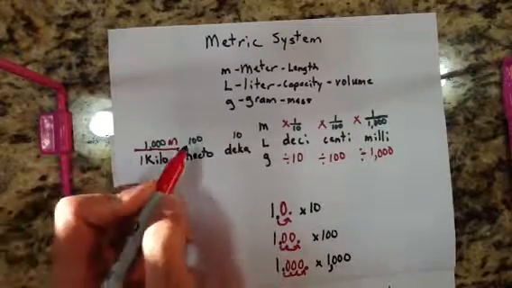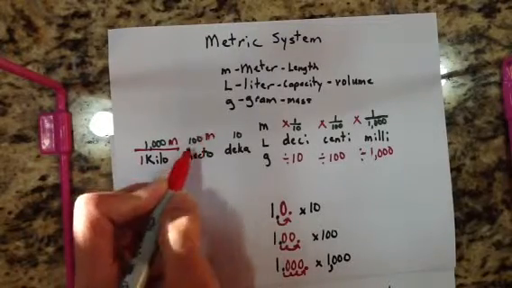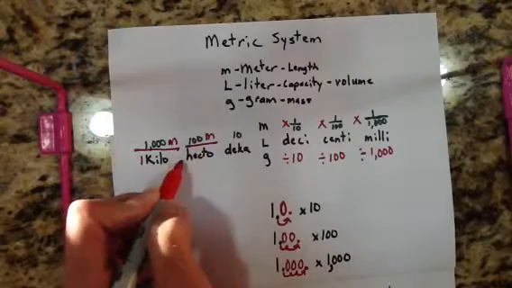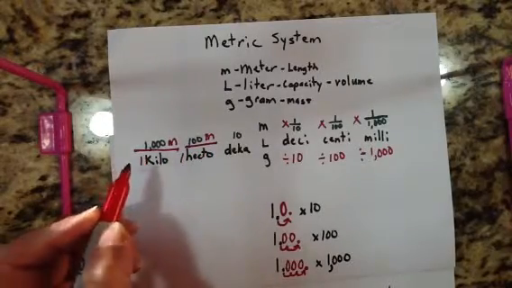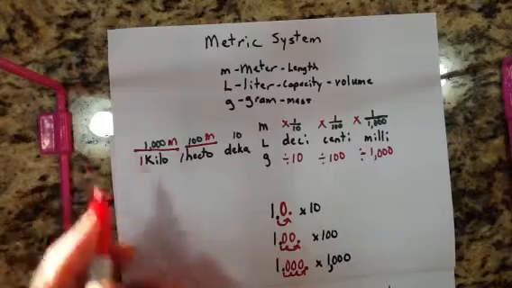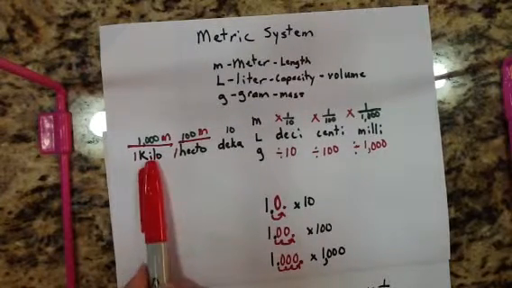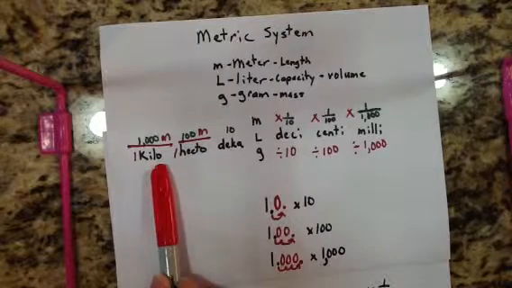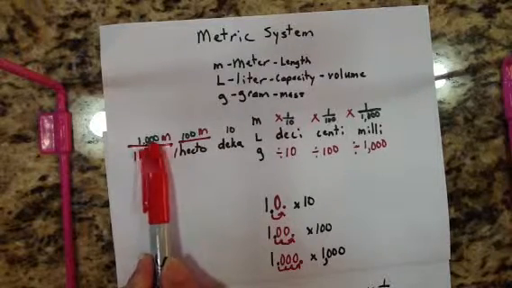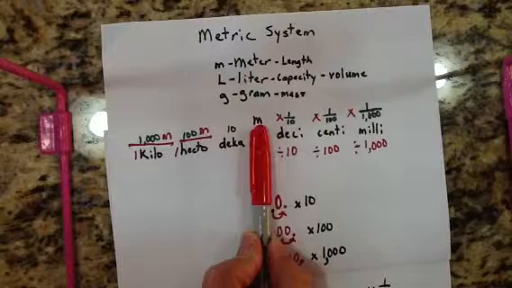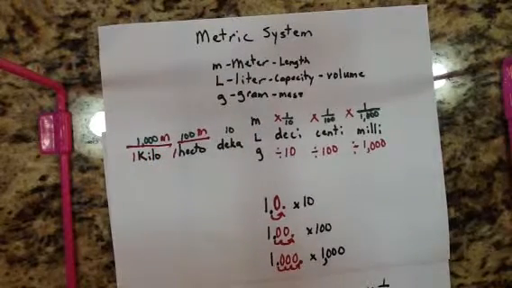Okay? Or 100 meters to 1 hectometer. So bottom line is 1 kilometer is much larger. It's 1,000 times larger than 1 meter. It has 1,000 meters in it.